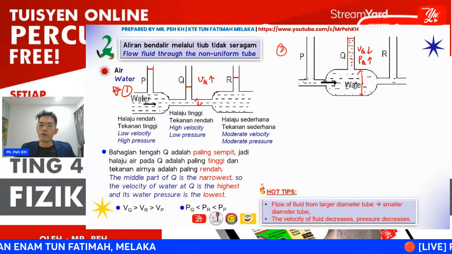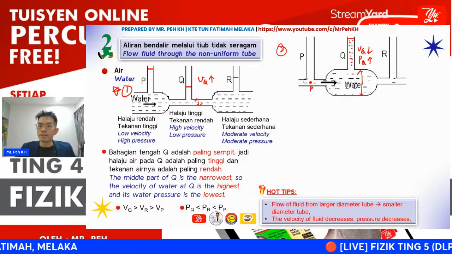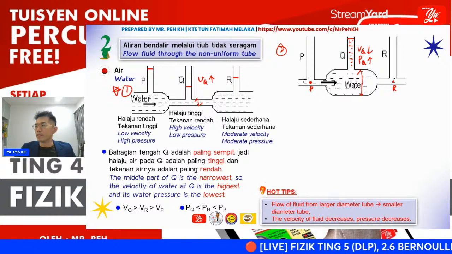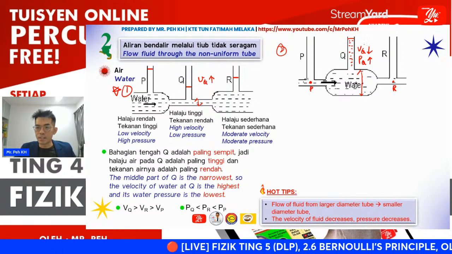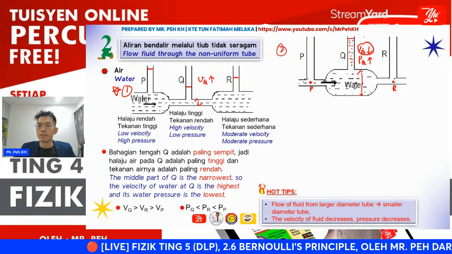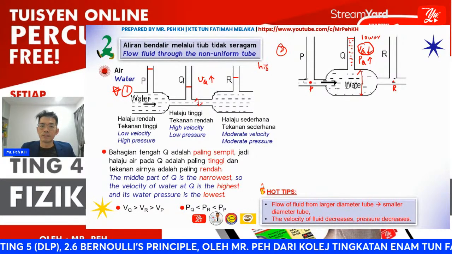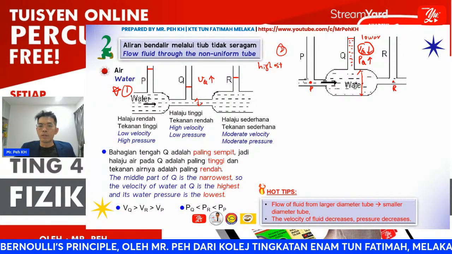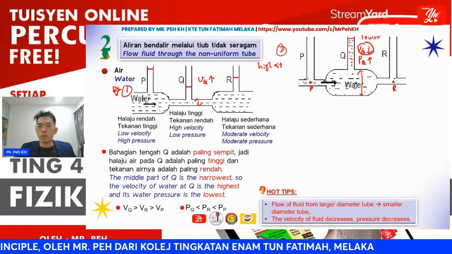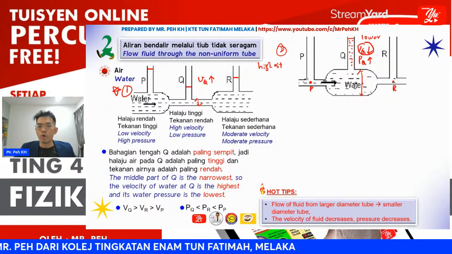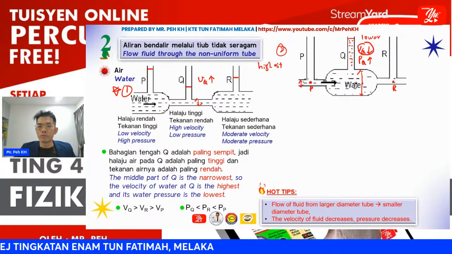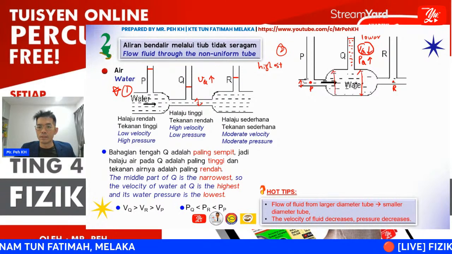Then again, for points P and R, which will be the lower, and which will be the highest? Since we have the lowest already, we need to define the highest. Here again, you can see the water at point P flows from a smaller tube diameter to a wider one.